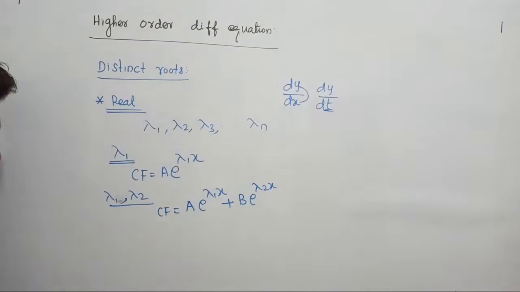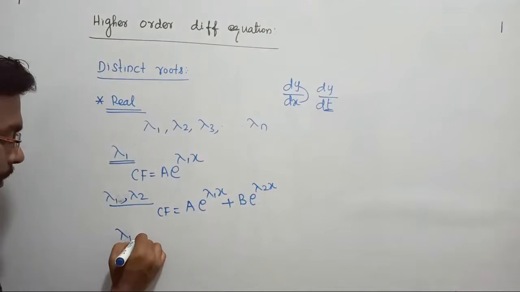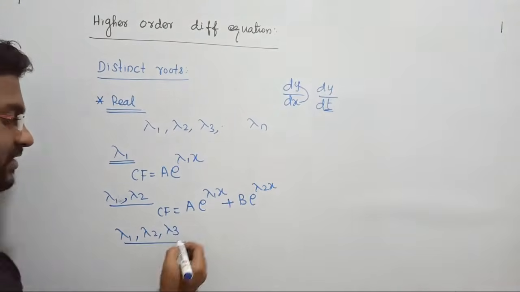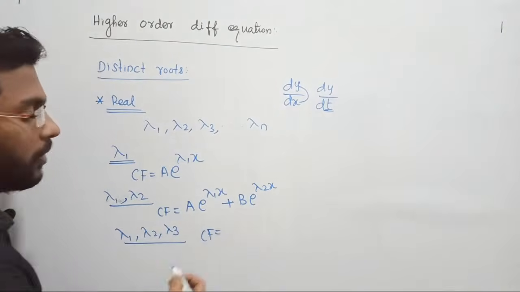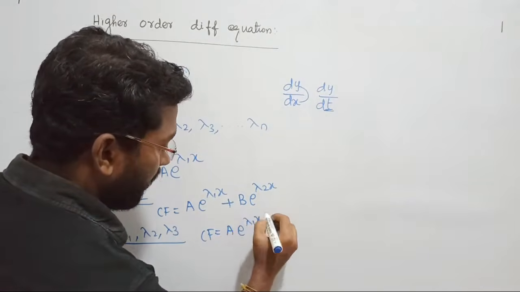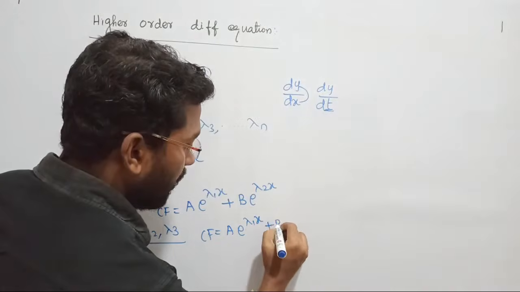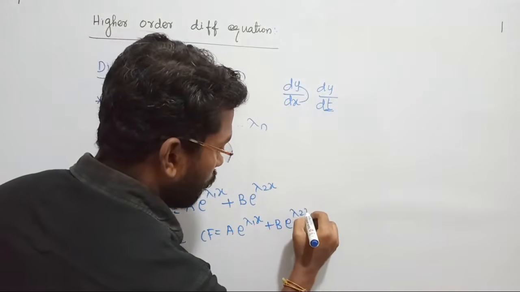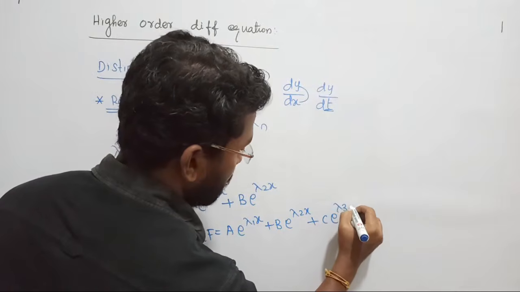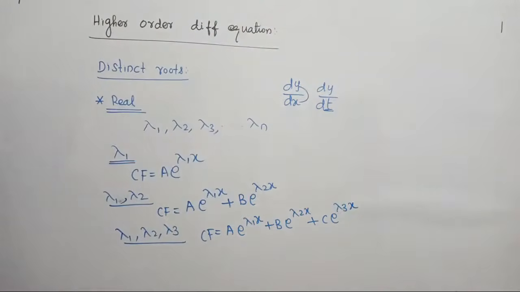Do you agree? Yes. Suppose I have three roots, lambda 1, lambda 2, lambda 3. Then the complementary function can be written as a e power lambda 1 x plus b e power lambda 2 x plus c e power lambda 3 x. Clear? That is how we get it when we have three real roots.